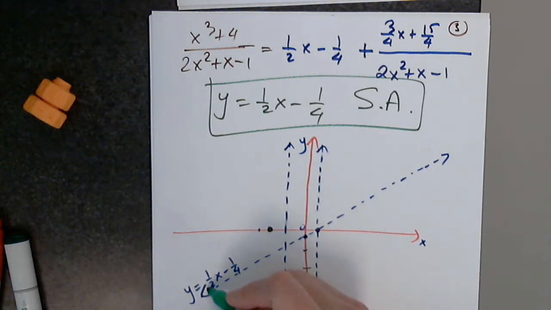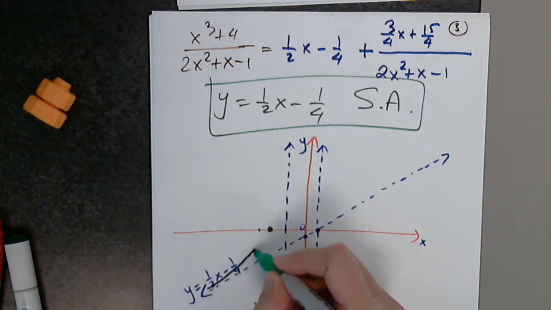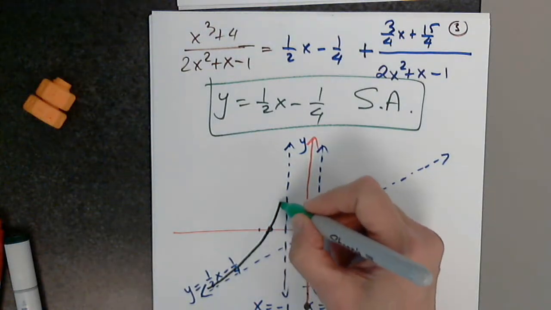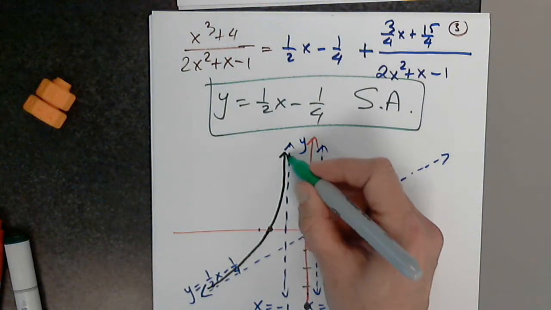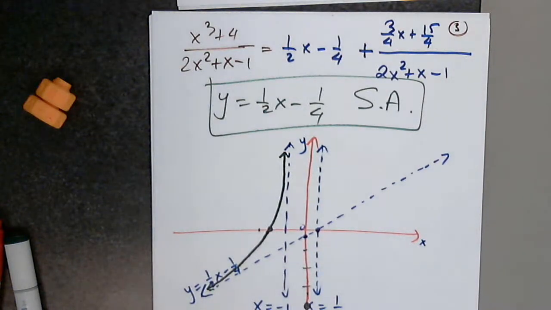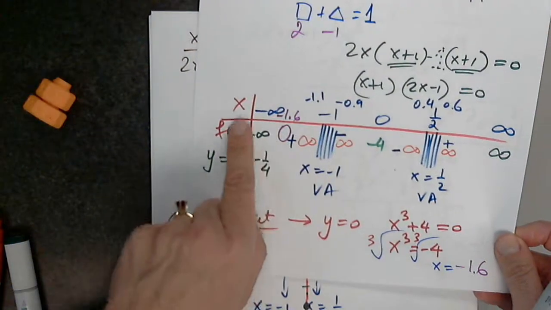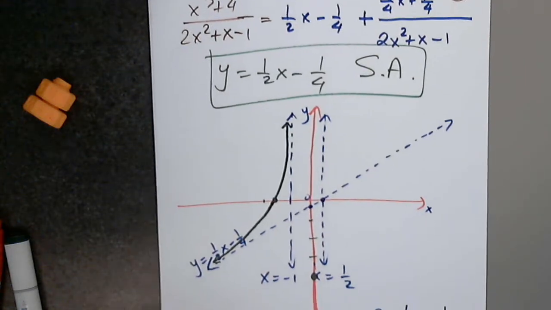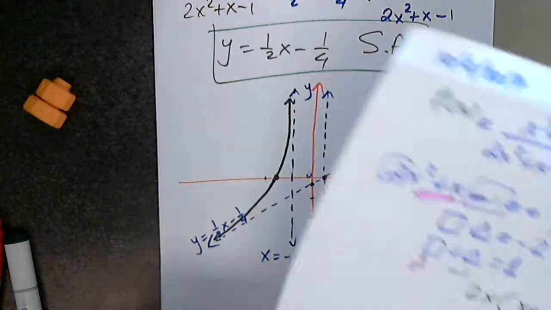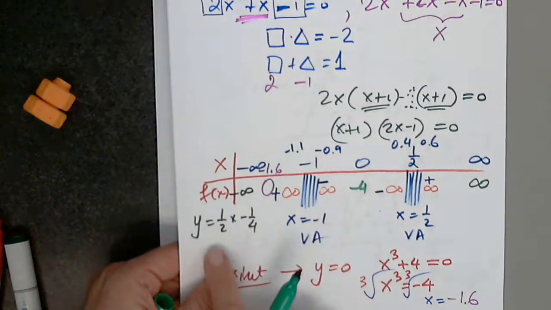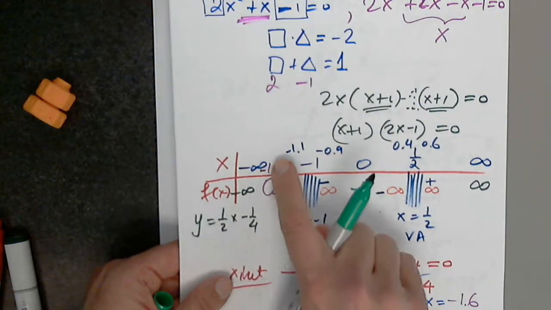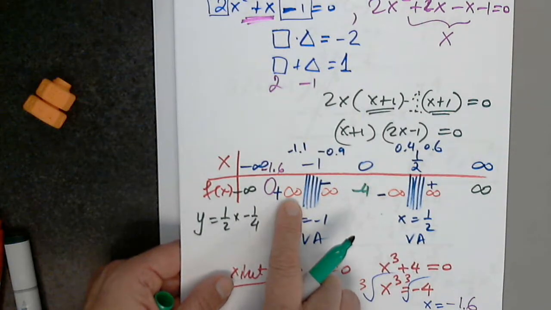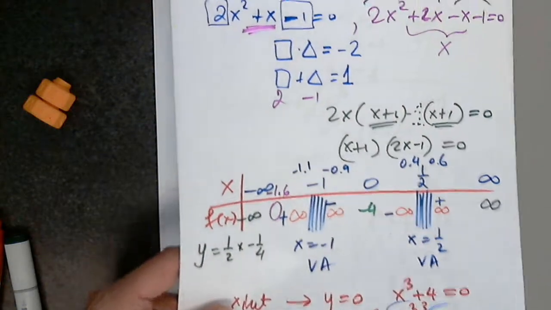From approaching the slant asymptote, crossing at negative 1.60, and going to positive infinity on the left-hand side of the asymptote. Is this portion clear? Yes? Is it? One more time. From approaching the slant asymptote at negative infinity, crossing the x-axis at this point, and going up to positive infinity on the left-hand side of the first asymptote.